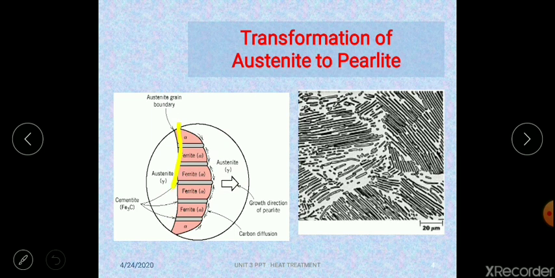This will continue in every grain. The number of grains present here for austenite will all try to convert until the temperature is reduced to room temperature. So the normal cooling product of austenite will be pearlite as shown over here. The total grain will look like this when observed under a microscope.